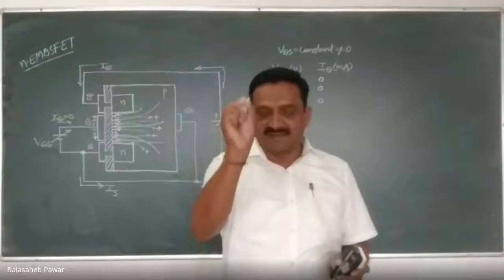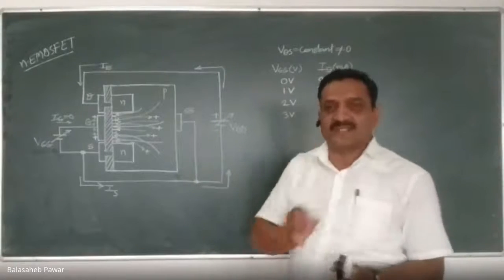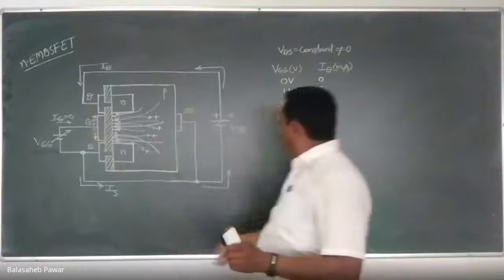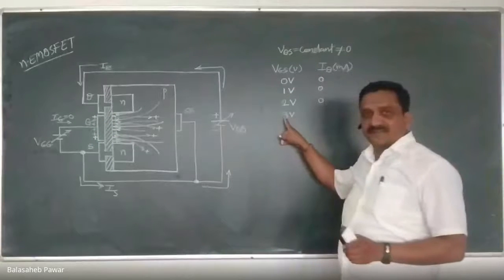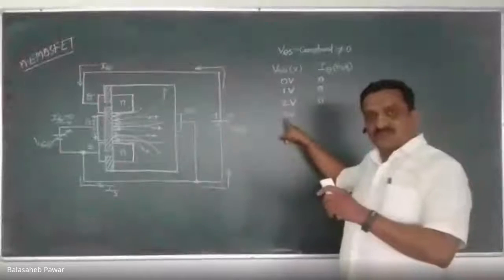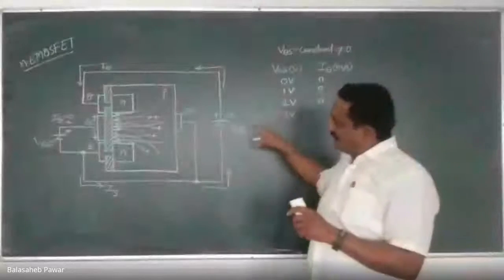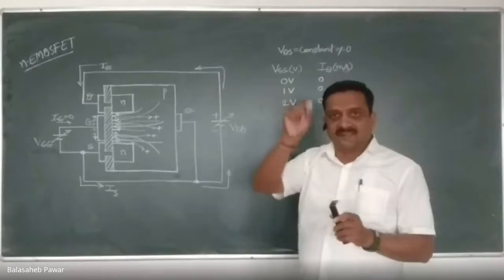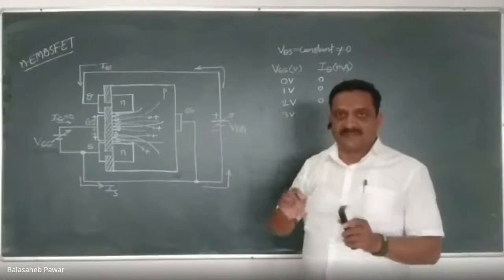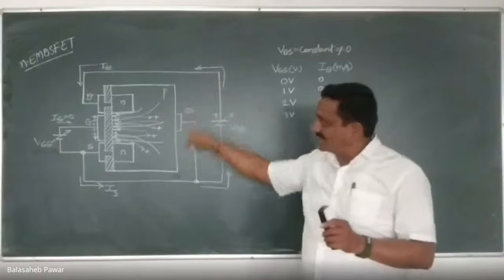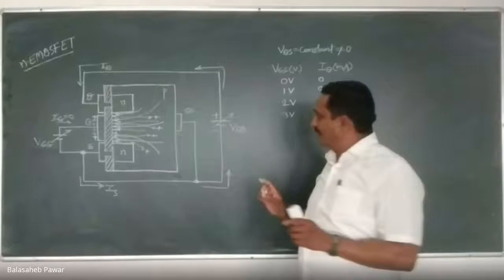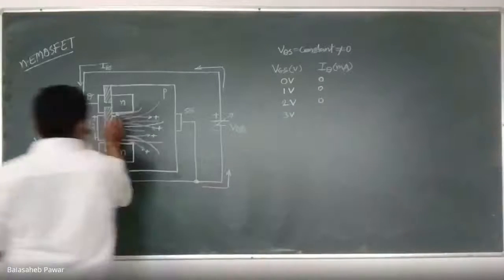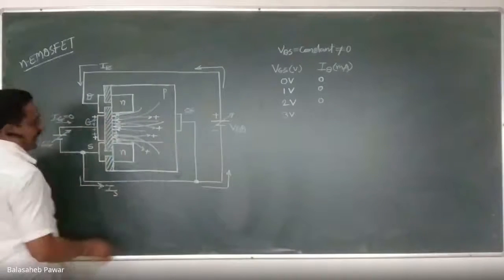A very thin layer of attracted negative charge carriers. But when we are applying 3 volts, if the applied gate to source voltage is less than 3 volts, that layer will get formed, but still some charge carriers available over there will be positive, and that will not allow the current flow. Right. Now see, in this case, when VGS is equal to 3 volts, as I already told, a thin layer will form between drain and source.